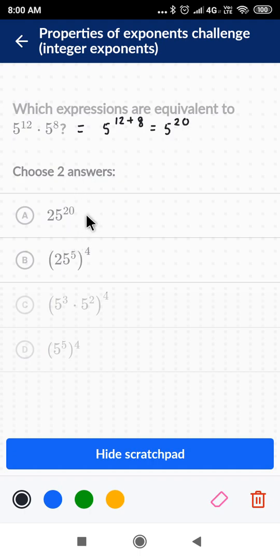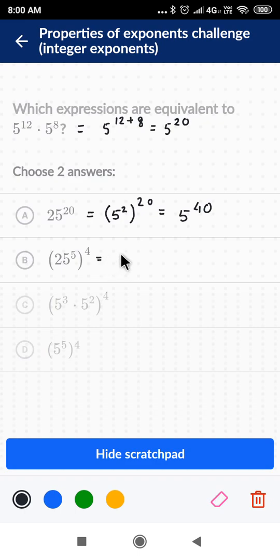Now here we have 25 to the power 20. So we'll convert this 25 as 5 square. 5 square is 25, and to the power 20, that is equal to 5 to the power 2 into 20, or 40.